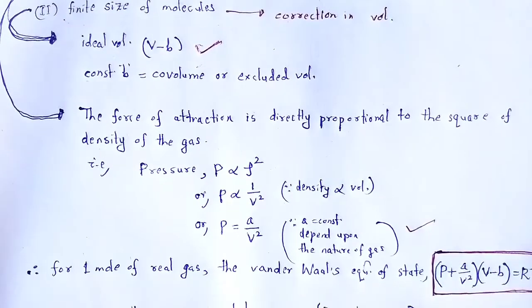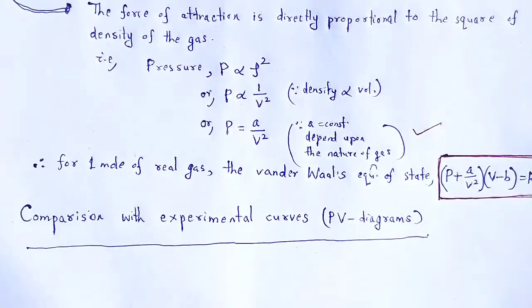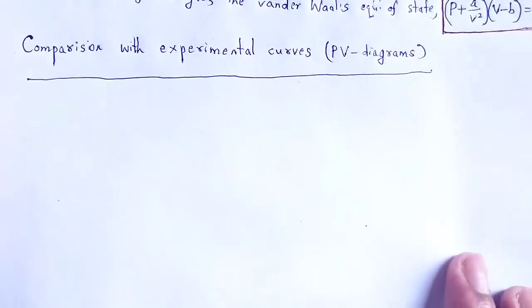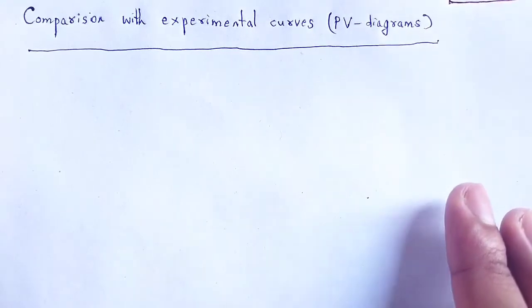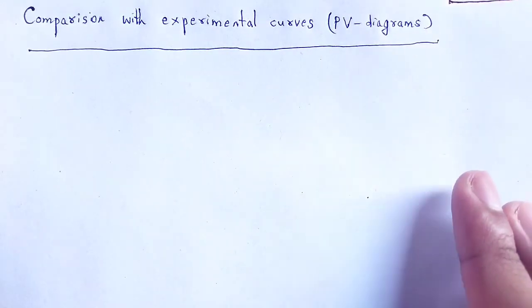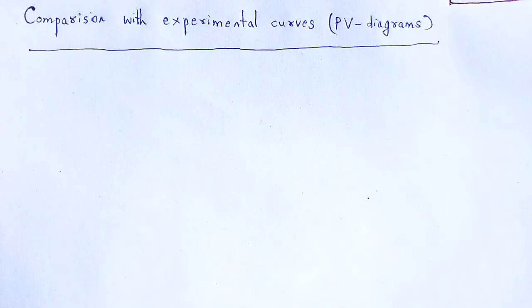Now, we have to take the comparison of the Van der Waals equation of state for real gases with the experimental curve for PV diagrams, as we studied in Andrews' experiments on carbon dioxide.